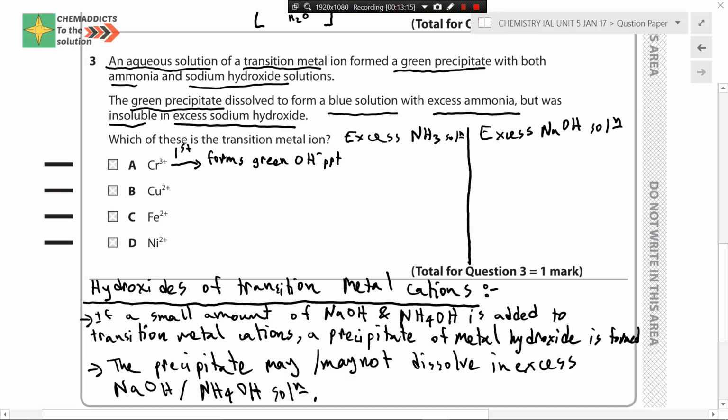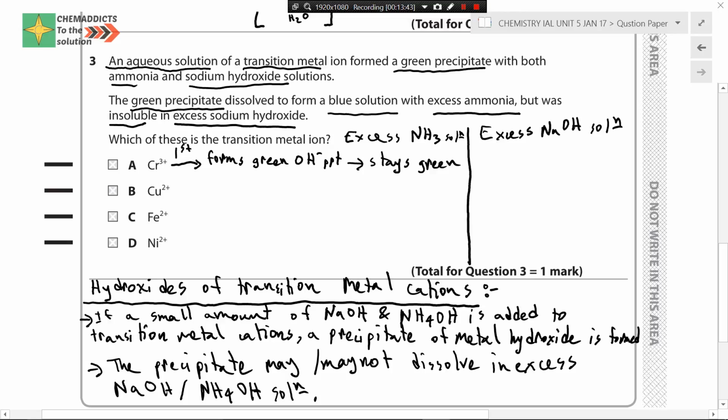So first chromium 3 plus forms green hydroxide precipitate.